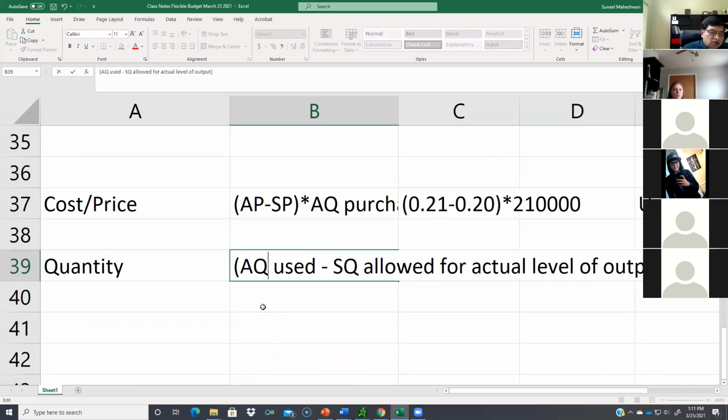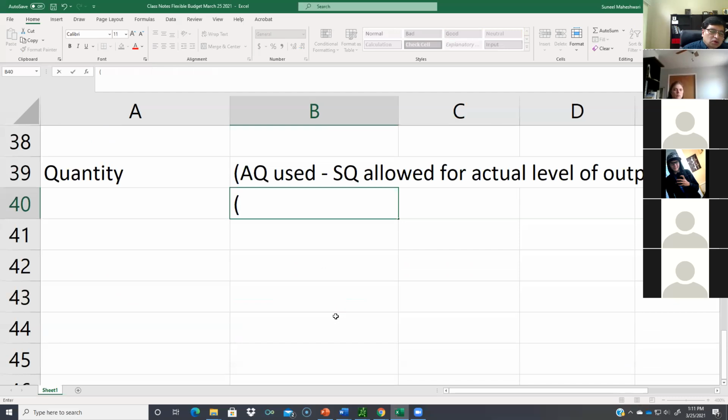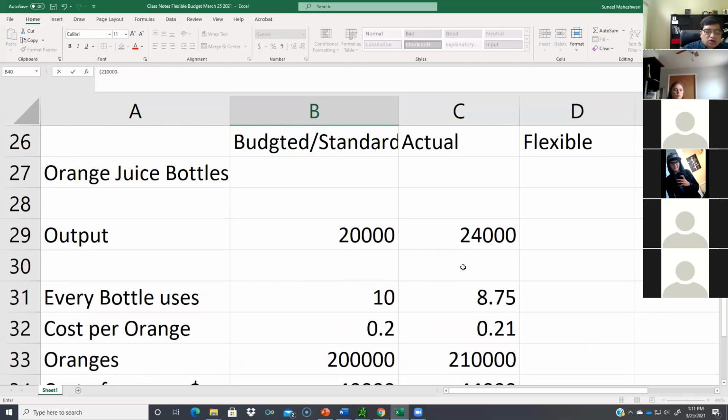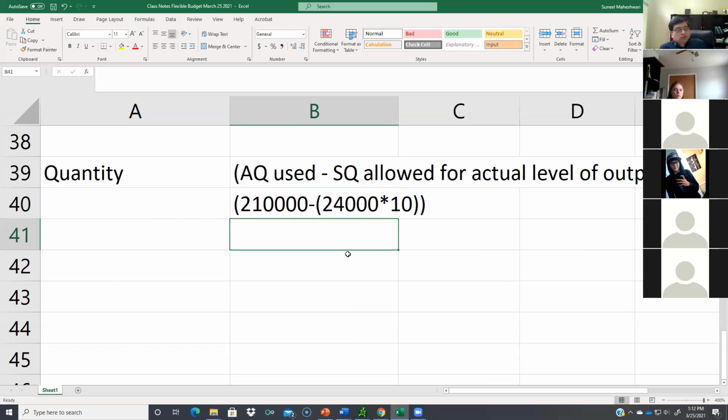So your actual quantity used in this case was 210,000 oranges. Standard quantity allowed for the actual level of output. Your actual level of output was 24,000. Standard quantity allowed was 10. That's the flexible budget part of it.